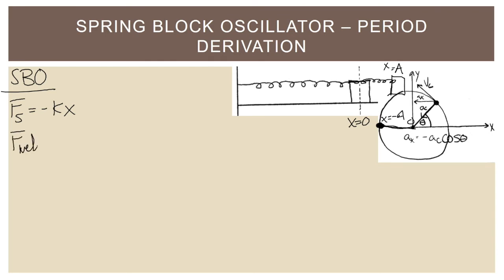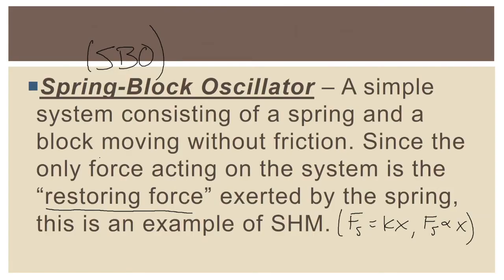The only other equation in terms of forces that we can possibly use here is that whatever net force is acting on the block has to be equal to m times a, according to Newton's second law. Basically, the only thing we can do here is go back to this definition and say the only force acting on the system is the restoring force. That's the defining quality of the spring block oscillator here.